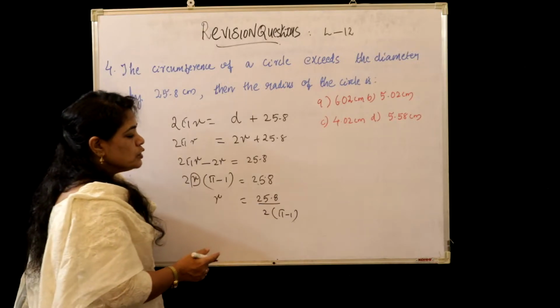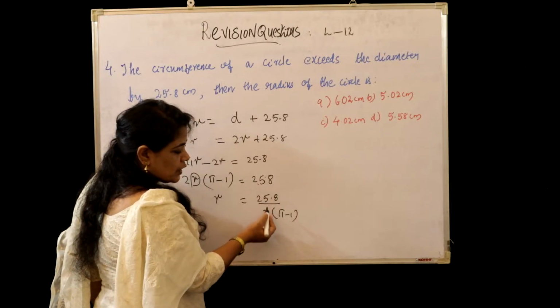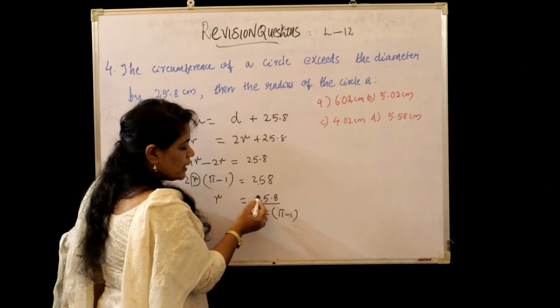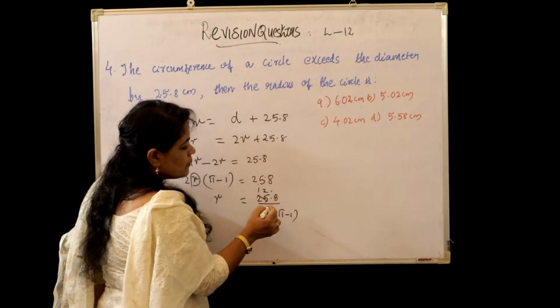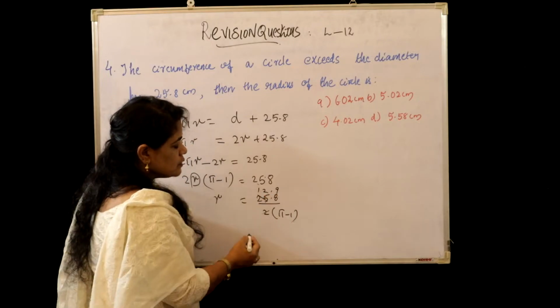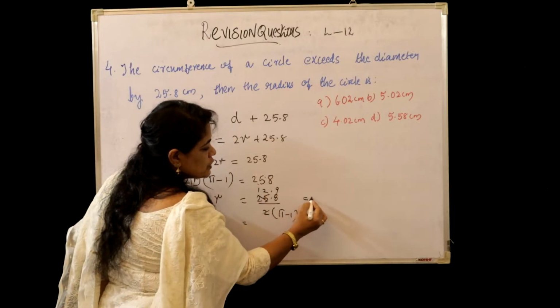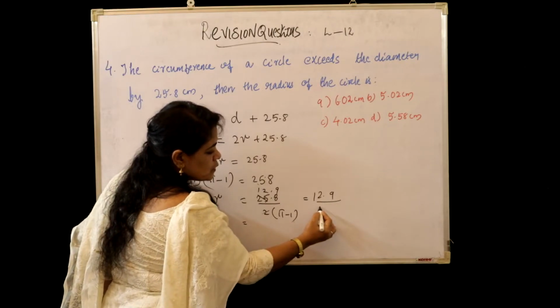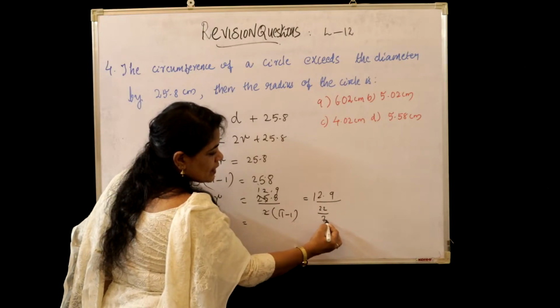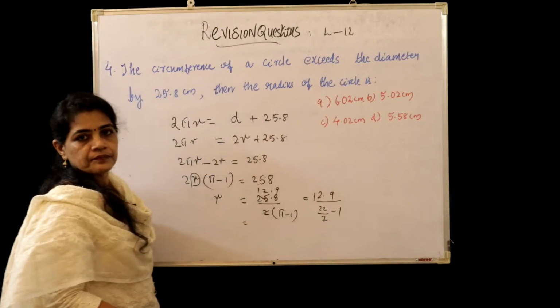I am going to substitute, and before that we can reduce with 2: 2 in 25, 1 time, remainder 1, so 12.9. So here you have 12.9 divided by, you can substitute pi as 22 by 7 minus 1.